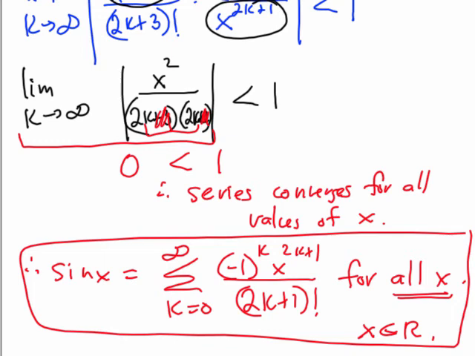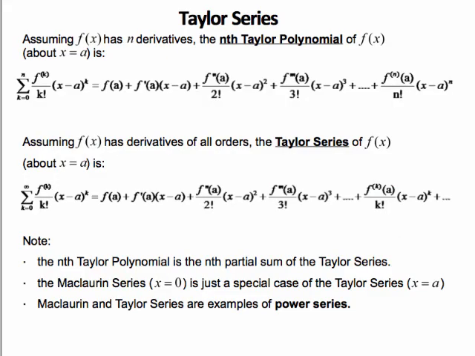Similarly, you can take any Maclaurin polynomial, take it to infinity to create a Maclaurin series, but remember that when you're dealing with an infinite series, you need to find the values of x for which the infinite series will converge. And you can do this with Taylor series as well.